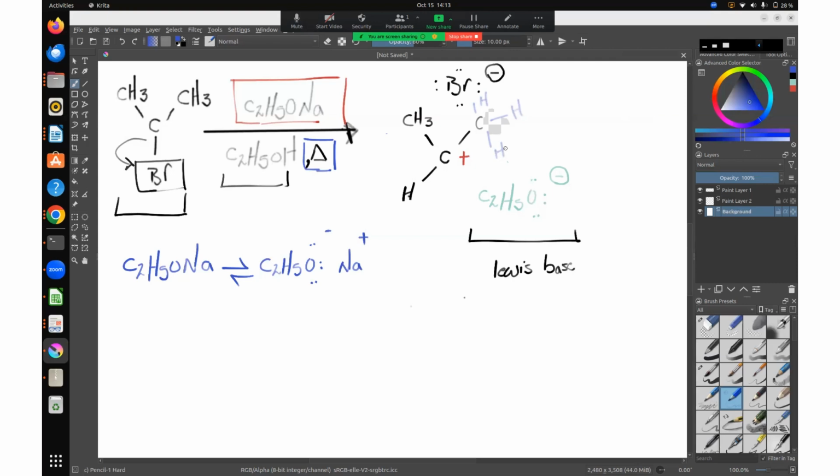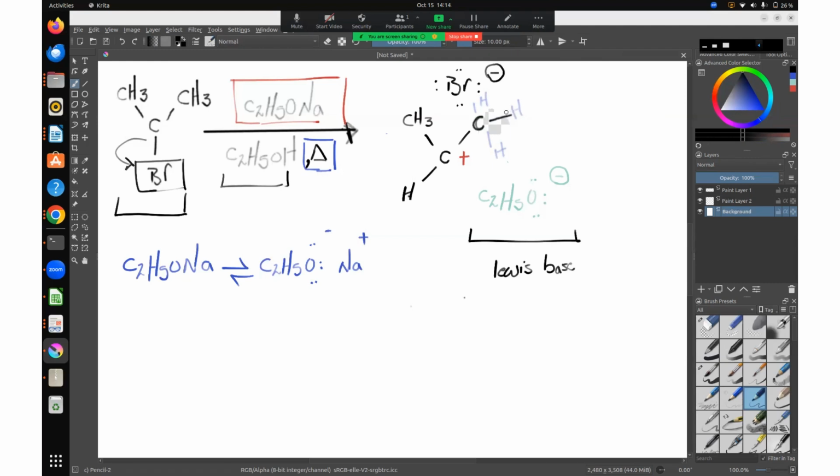Now, when you have these structures in the presence of heat, as we discussed in a previous tutorial, one of these hydrogens, you are providing enough energy that the contact between the carbon and the hydrogen is going to be extremely loose because of the heat that you provided.